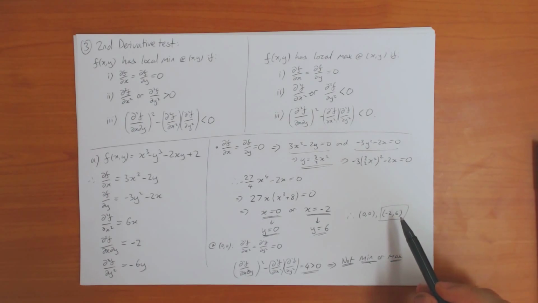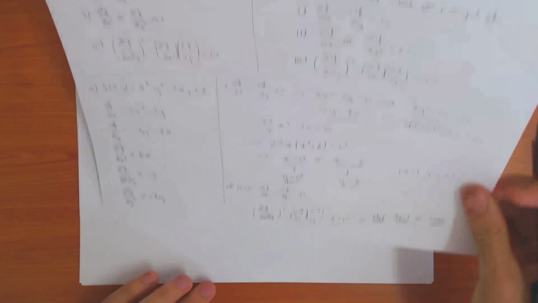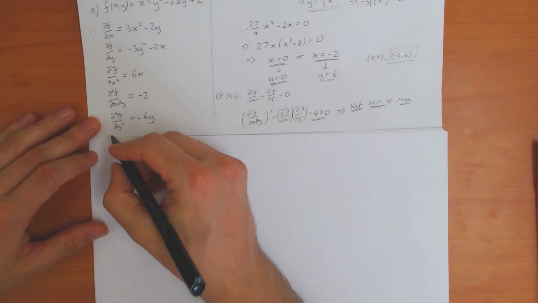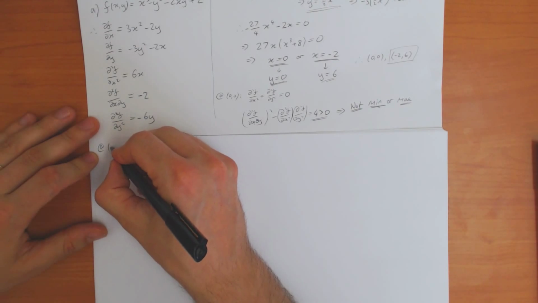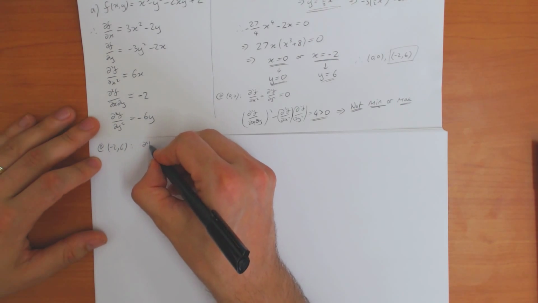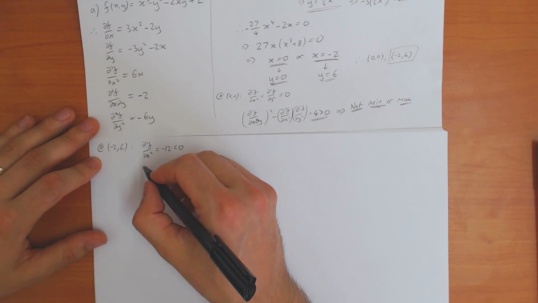So let's see what that says. (Minus 2, 6). Okay, so I'll keep that there. At (minus 2, 6), the second derivative with respect to x is 6x, which is minus 12, so that's less than 0.